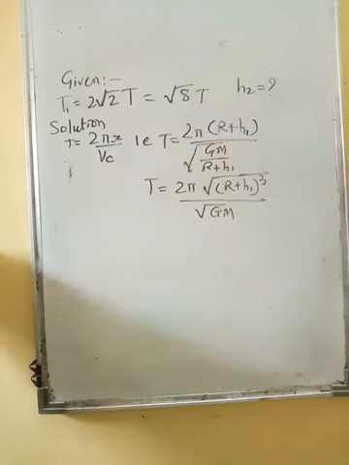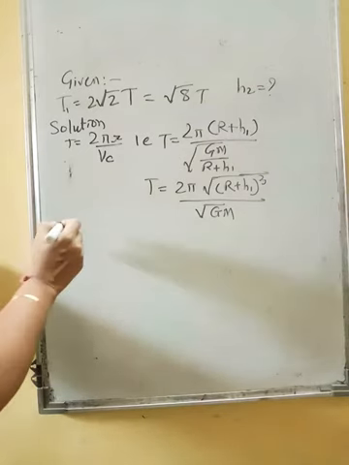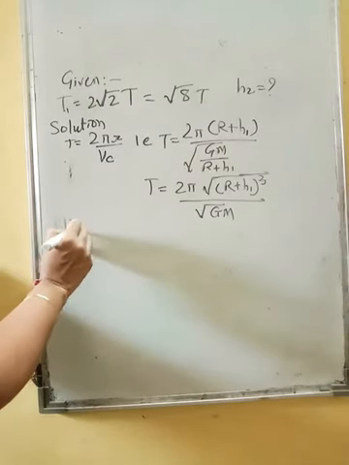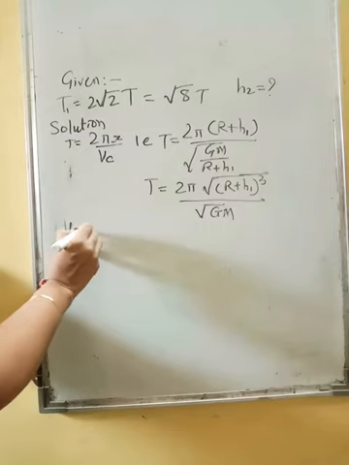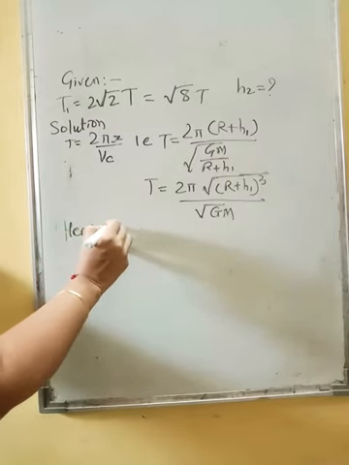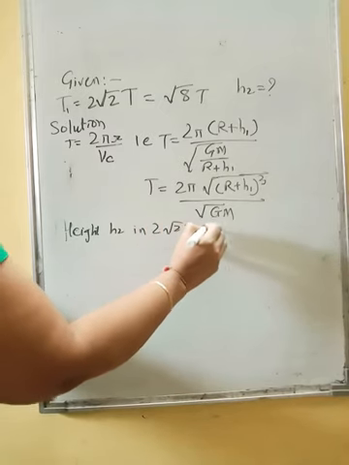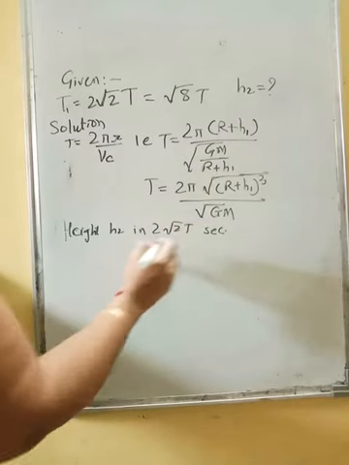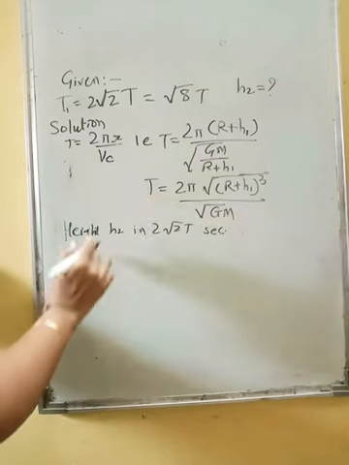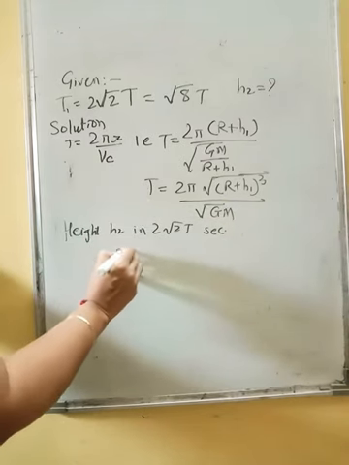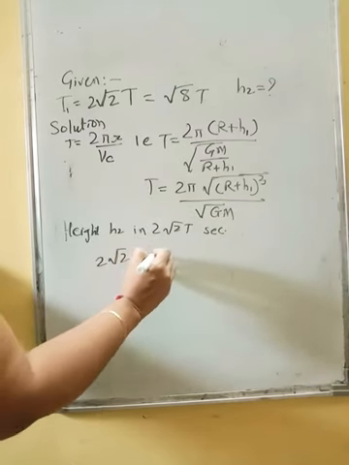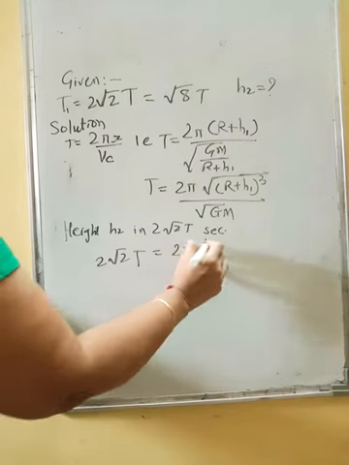Now what is the height? H2 is in, we have given that height H2 in 2 root 2 t seconds. So for that what will be there? It will be 2 root 2 t is equal to 2 pi. Now here what will come?